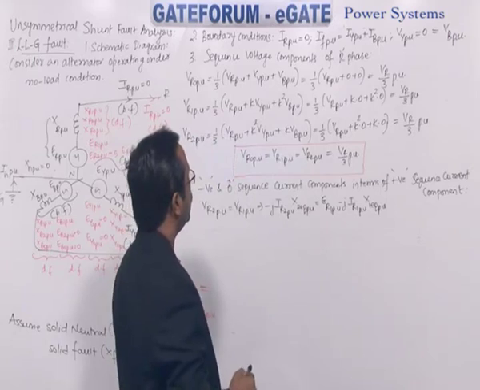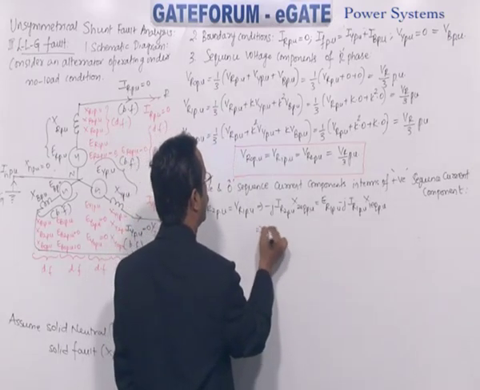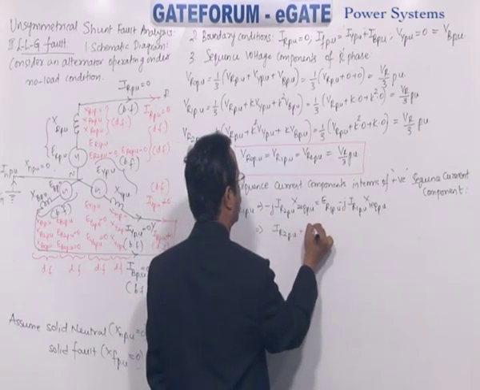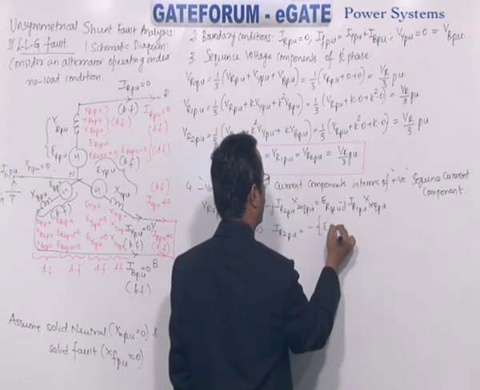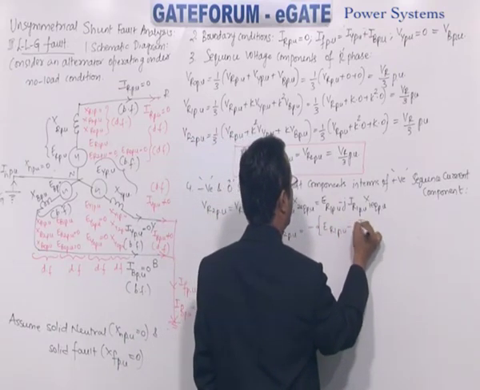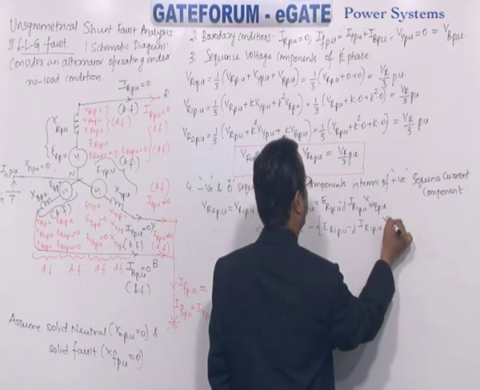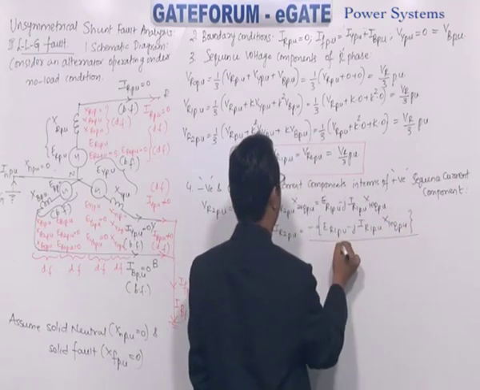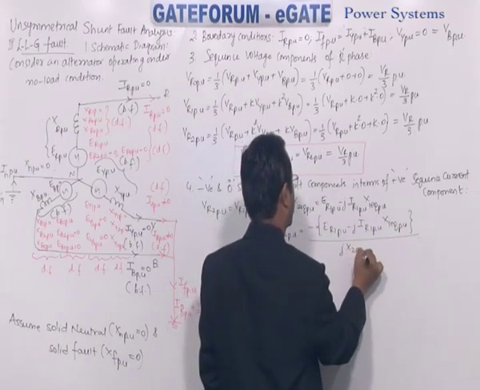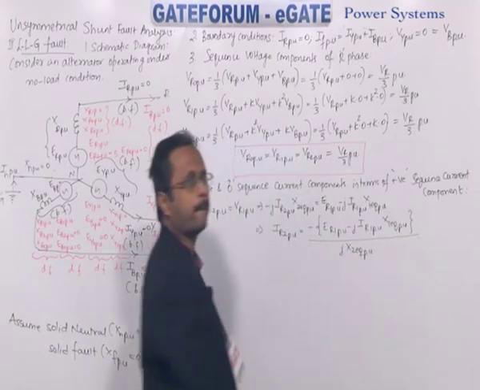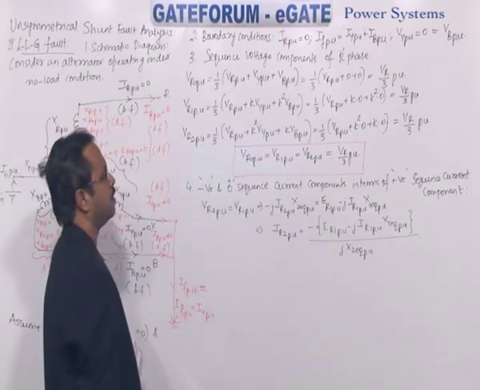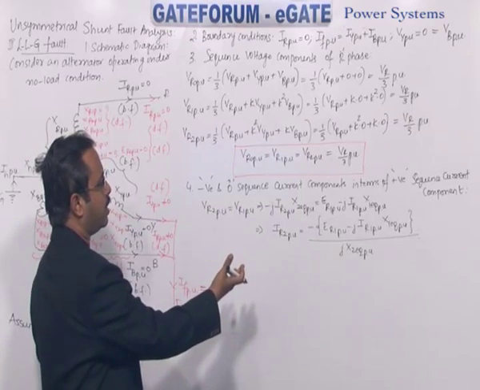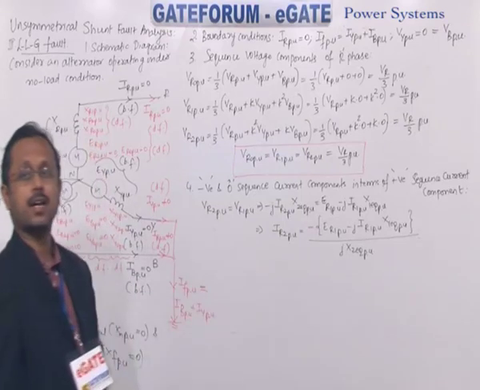So from this you find what is IR2 per unit: minus of ER1 minus J IR1 X1 equivalent, whole divided by JX2 equivalent. So we express the negative sequence current component in terms of the positive sequence current component.